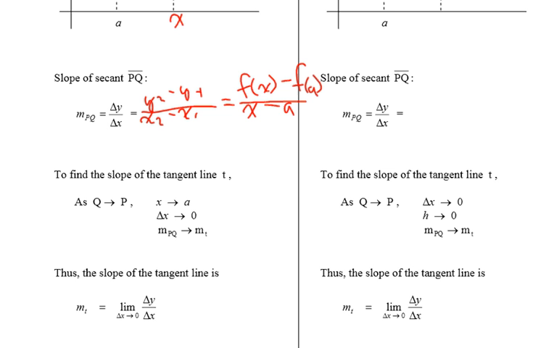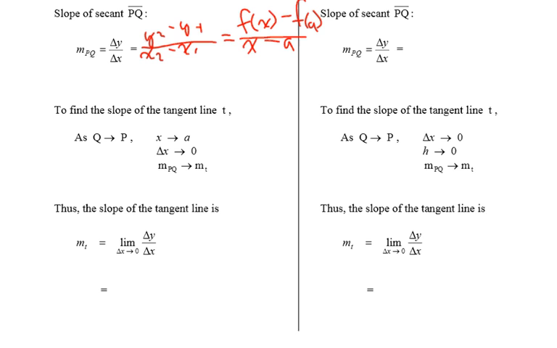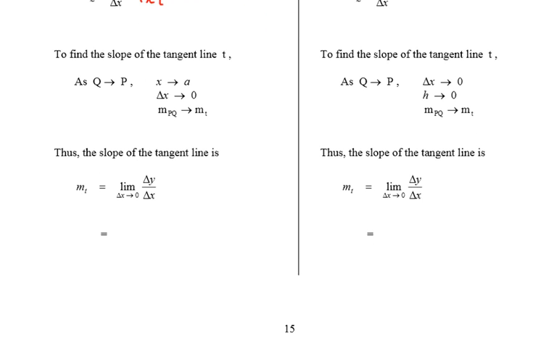And the slope of PQ, which is our approximation line, the dotted line from Q to P, approaches our tangent line at P. So it gets closer and closer to being the right answer. So our tangent line is the limit as delta x approaches 0 of delta y over delta x.